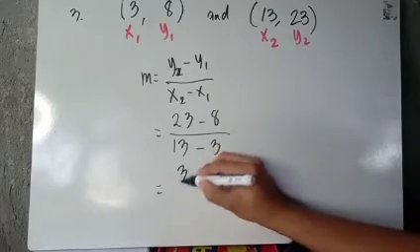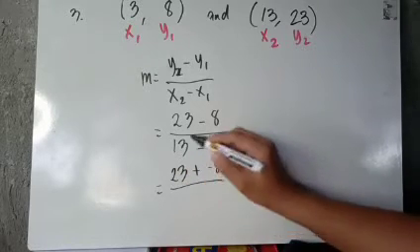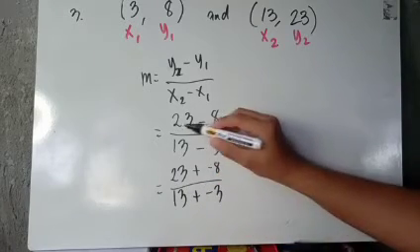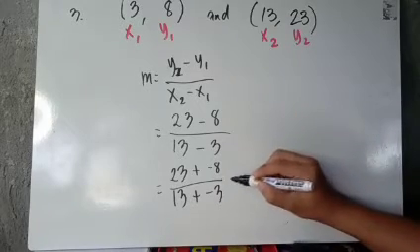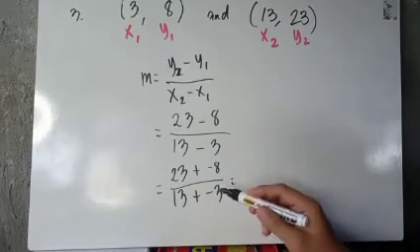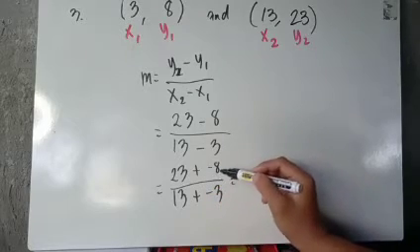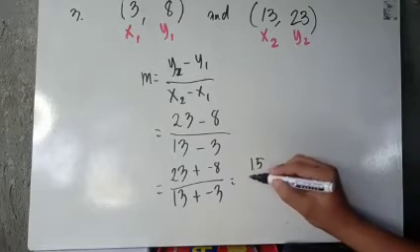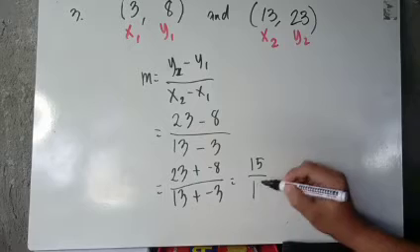So, 23 plus negative 8 all over 13 plus negative 3. Actually, pwede mo nang idiretso to eh. So, 23 minus 8, di ba? Pero sige, change sign muna para di tayo malito. So, 23 plus negative 8, that is positive 15, over 13 plus negative 3, that is 10.